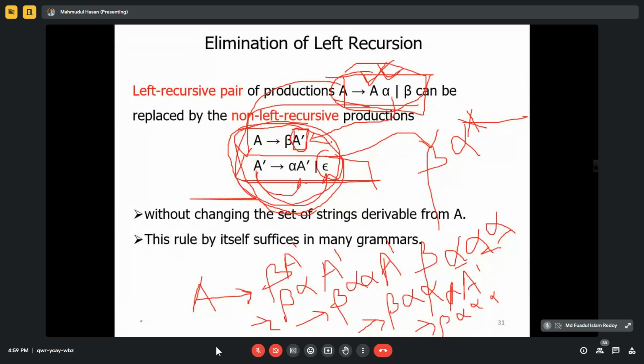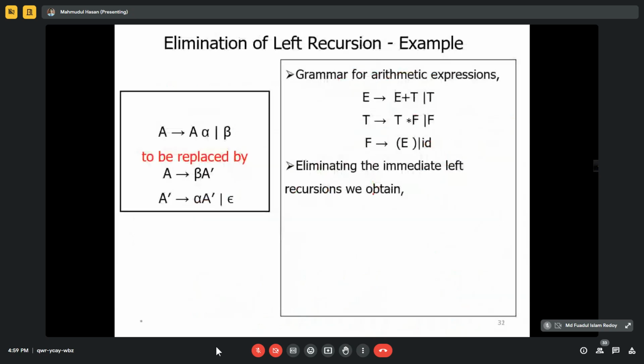Okay, everyone? Now clear? Okay, sir. So when your production rule looks like this, that means a left recursive problem, if you replace this with those, your problem is solved.